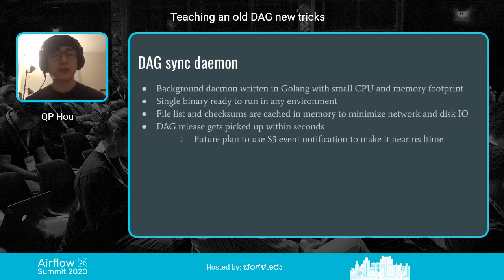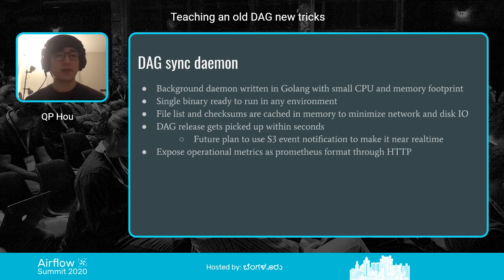We do have some future plans to optimize this even further. We're thinking of using the S3 event notification feature to turn this into a push event system, so any DAG change in the S3 bucket will get pushed to the DAG sync daemon, and it will be able to fetch the latest updates in near real time.